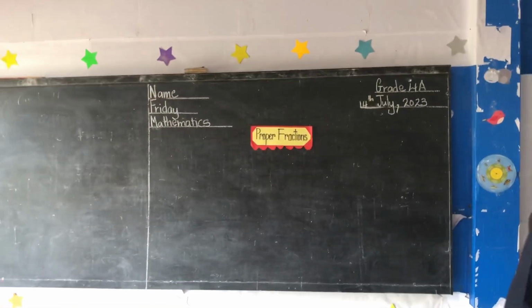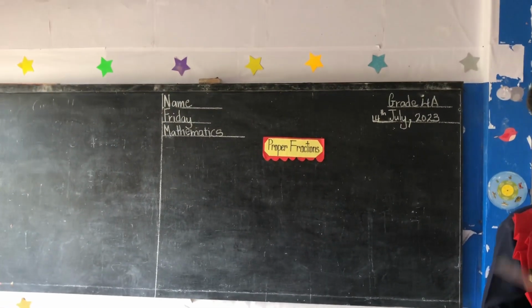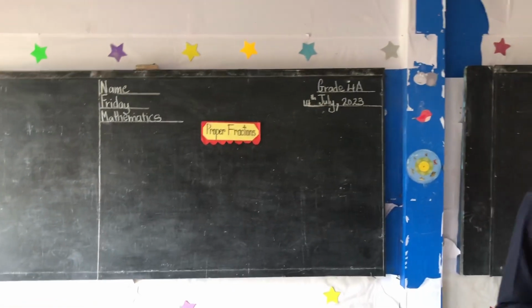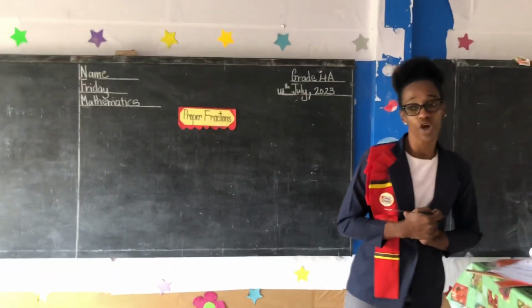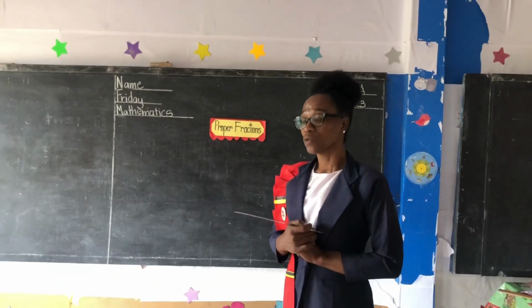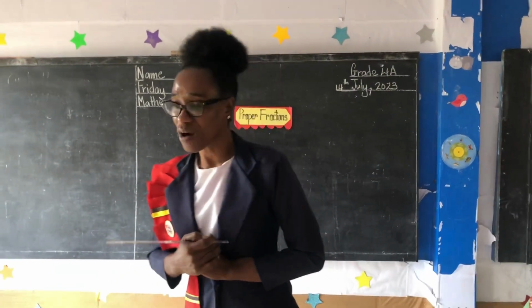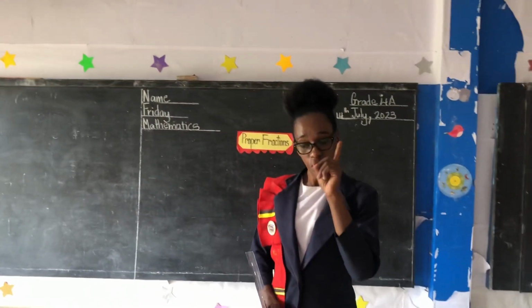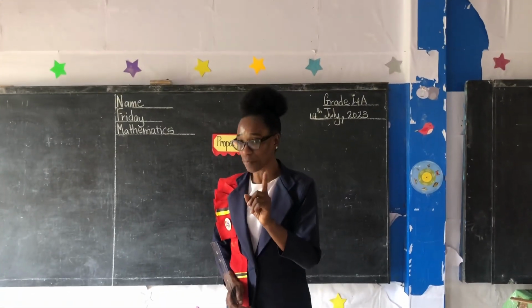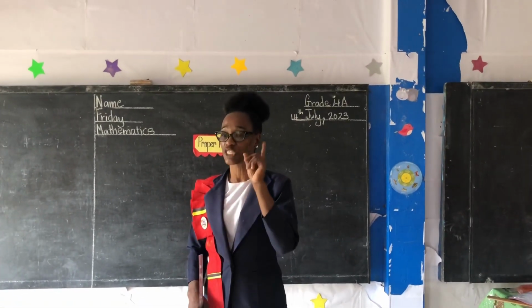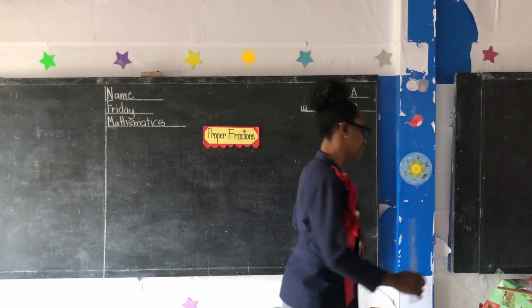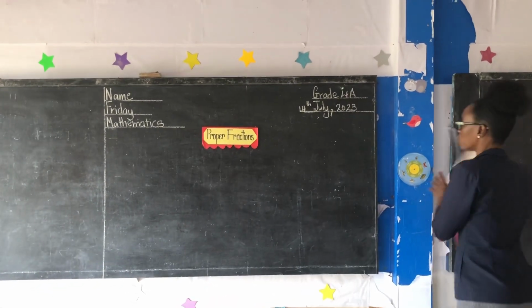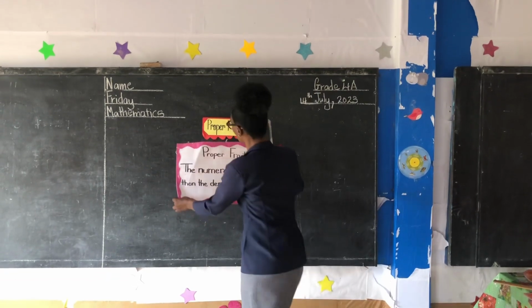Yes, that is a proper fraction. But I want you to give me a definition. Go ahead, Amaya. Yes, a proper fraction. The numerator, the top number, is smaller than the denominator. Okay? That's correct.